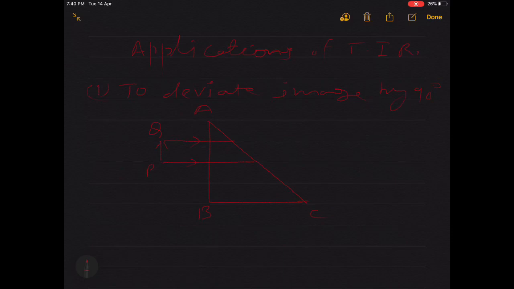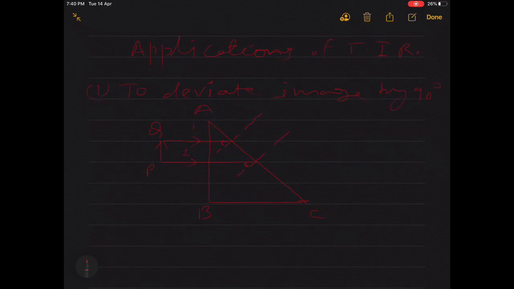When these two rays are incident on the side AC, then these two rays suffer total internal reflection. The reason behind is, for the glass, critical angle is in the range of 41 to 43 degree, and here you can see these two angles are angles of incidence for the two rays, this is ray 1 and this is ray 2.